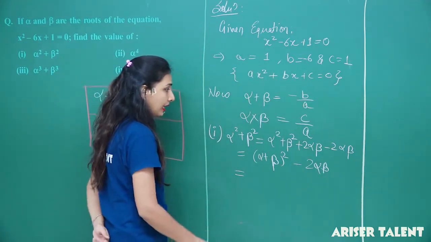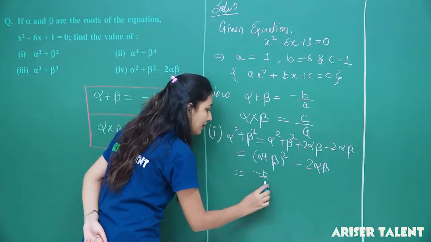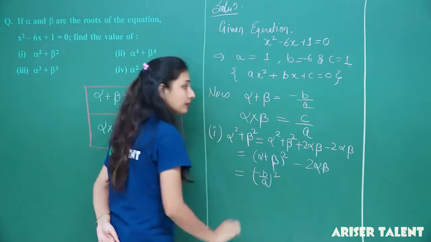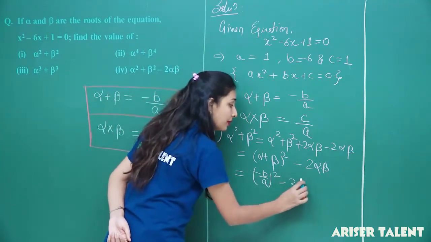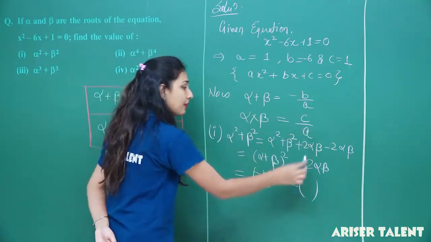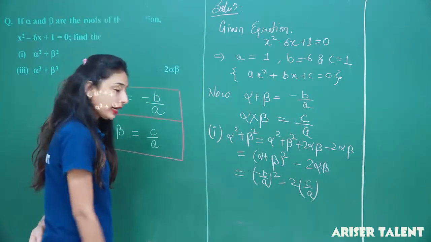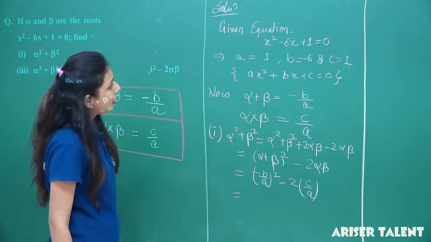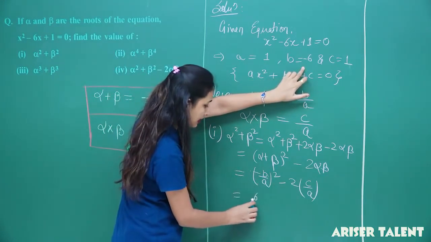So, it will be alpha plus beta's value, which is minus b by a, whole square. Okay. Minus 2 multiplied by alpha beta, c by a. Put the values now, right? So, minus b, minus of minus b will become what? 6.